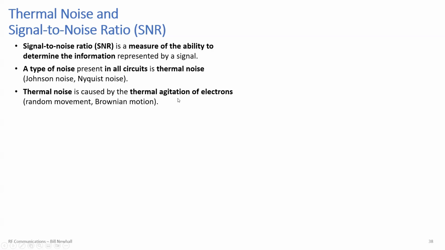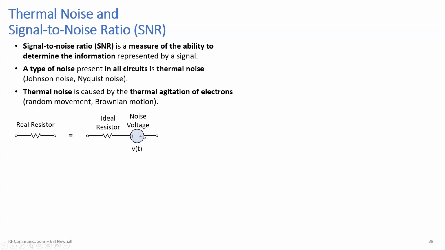So when electrons move in a resistor or a conductor, they're going to cause this noise. If you take a real resistor that you put on the bench, you would model this resistor as an ideal resistor with no noise, a noiseless resistor, and a series noise voltage.